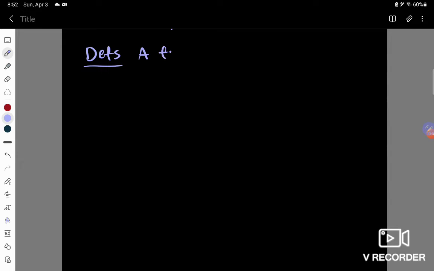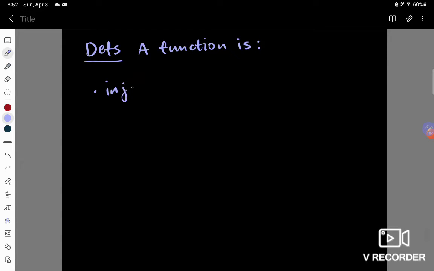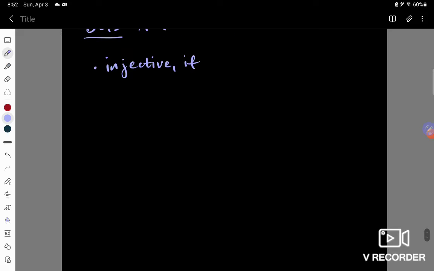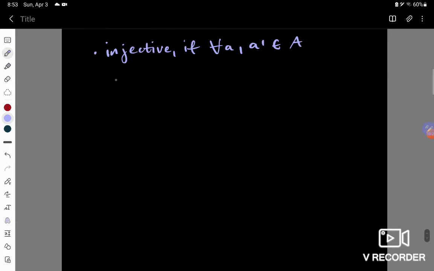A function is injective if for all a and a prime, let's say in A, such that a is not equal to a prime, f of a is not equal to f of a prime.